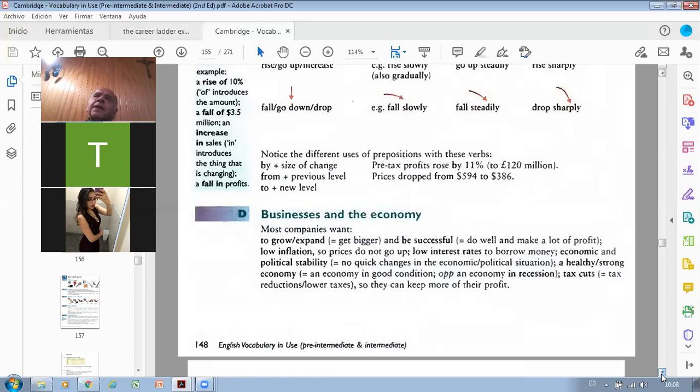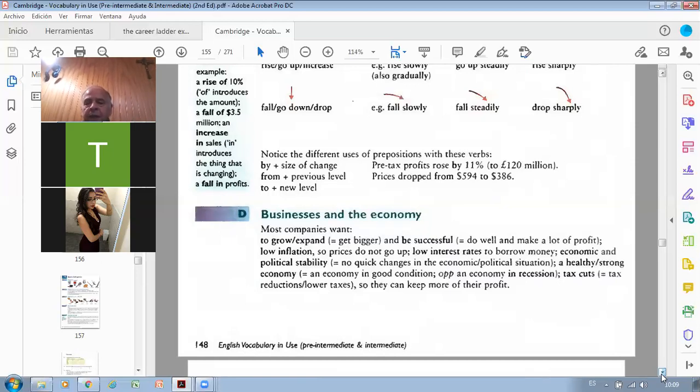Nowadays, for example, the interests are not so high, so it's convenient for you to ask for a loan in the bank. It's a good time to ask for a loan, because the interest rates are not so high. They're kind of low.